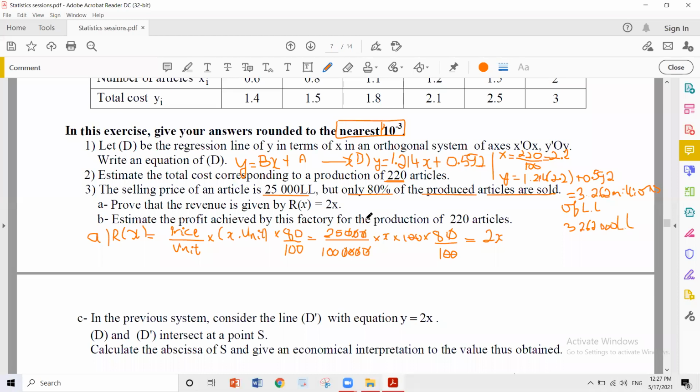Estimate the profit achieved by this factory for production of 220 articles. How to find the profit for a production of 220 articles? Revenue minus cost. You have to write it.